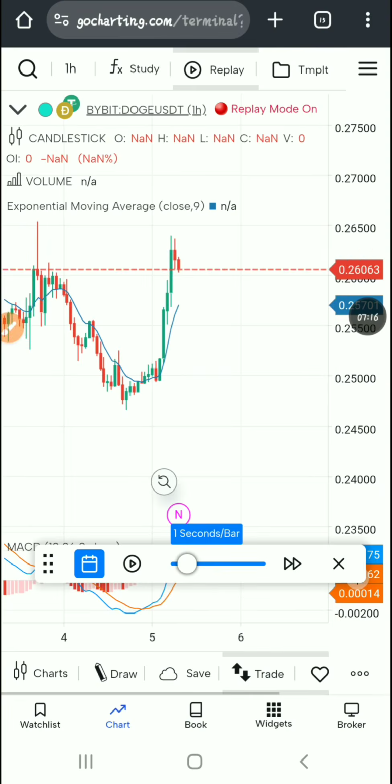Now factor number 2, a supply or demand zone must lead to a break of structure. Another question, what is a break of structure? Imagine price moving in an uptrend. Then the price forms a pullback, which is a temporal setback, and then the price moves even higher than it was before.